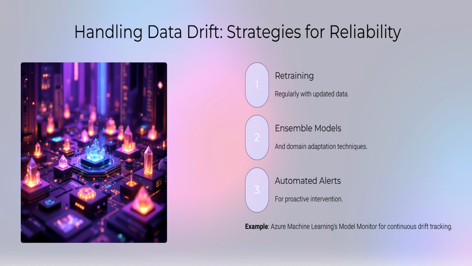Ensemble models and domain adaptation: using advanced techniques like ensemble models, which combine multiple models, or domain adaptation methods to improve robustness. Automated alerts: implementing monitoring systems that trigger automated alerts for proactive intervention before performance degrades significantly. Azure Machine Learning model monitor is given as a real-world tool example.